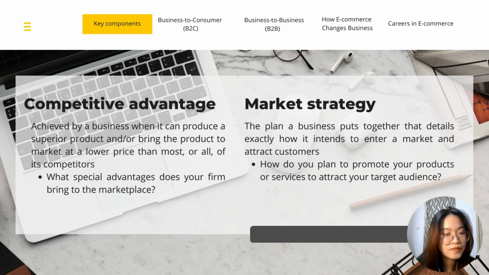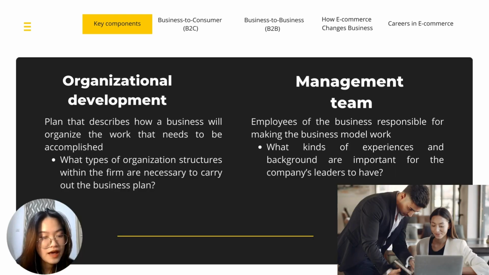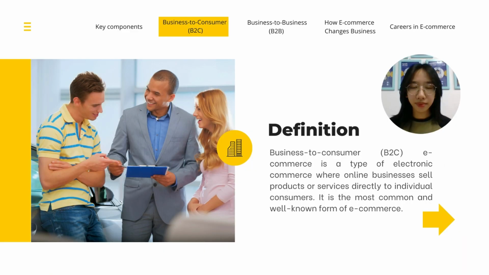We also have the competitive advantage and the market strategy, as well as the organizational development and the management team. There are 8 important key elements for a business model, right?